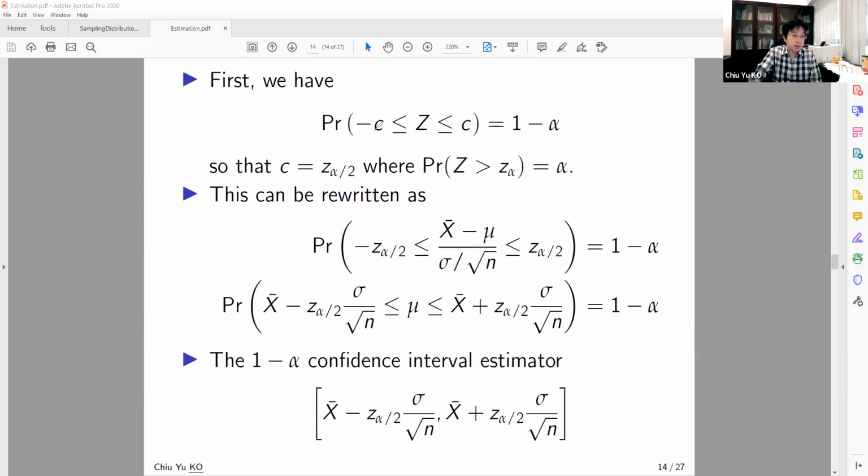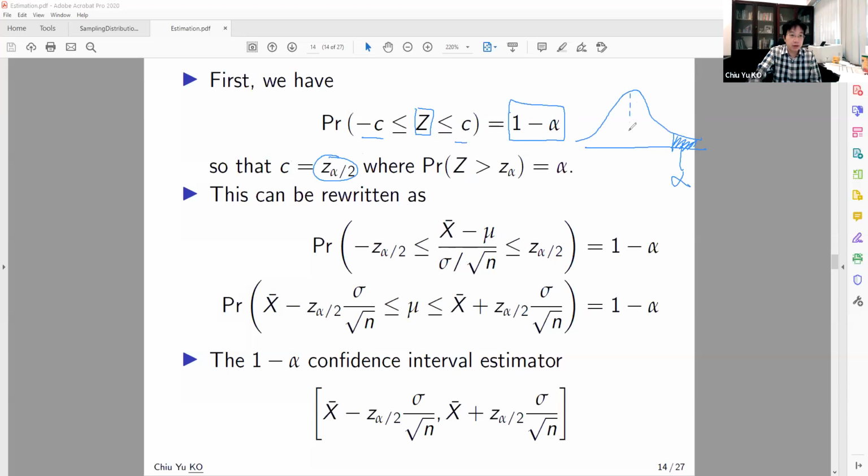If you write this as Z, we want to find the C such that this is 1 minus alpha. In that case, C is Z alpha. What is Z alpha, which we often use in this class? Z alpha is the right tail, where the right tail area is alpha.